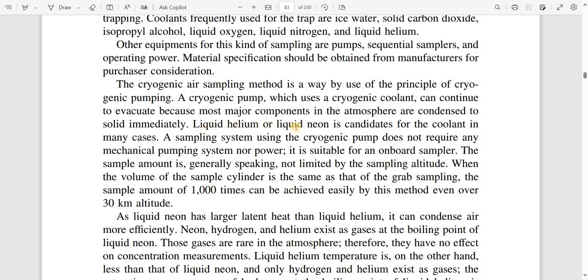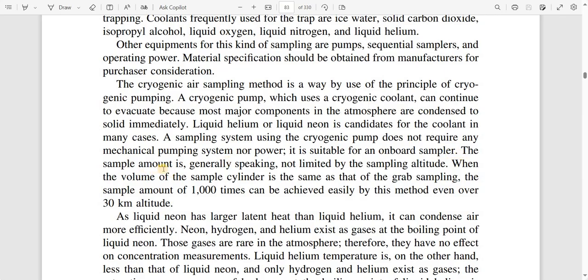Liquid helium or liquid neon are candidates for the coolant in many cases. A sampling system using the cryogenic pump does not require any mechanical pumping system nor power. It is suitable for an onboard sampler.